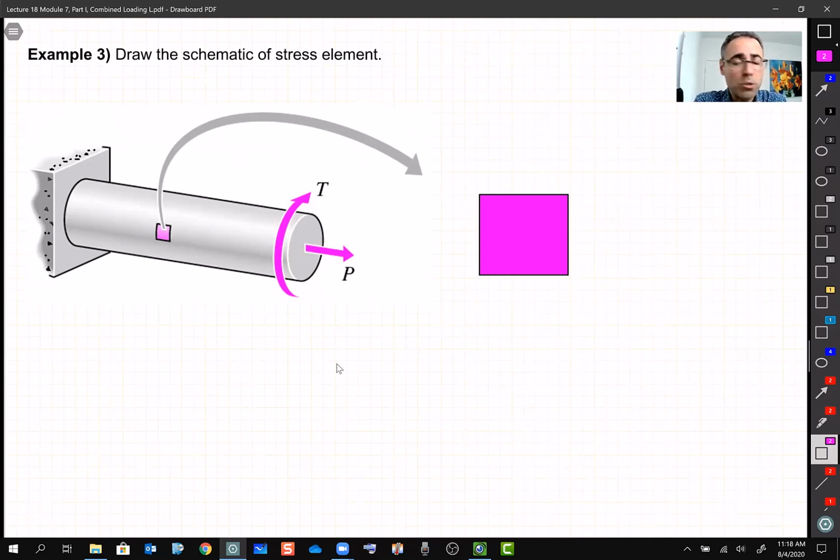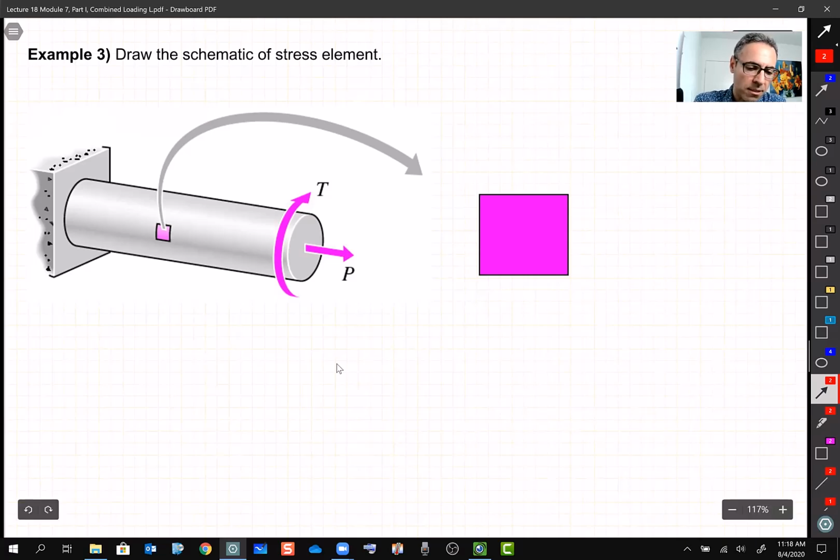We are okay with the 2D element. And now our job is to find the stresses for these two loadings. Step by step, we do it separately for each of them. We just solved two examples for each of these scenarios individually. Now we have a combination of them, right?